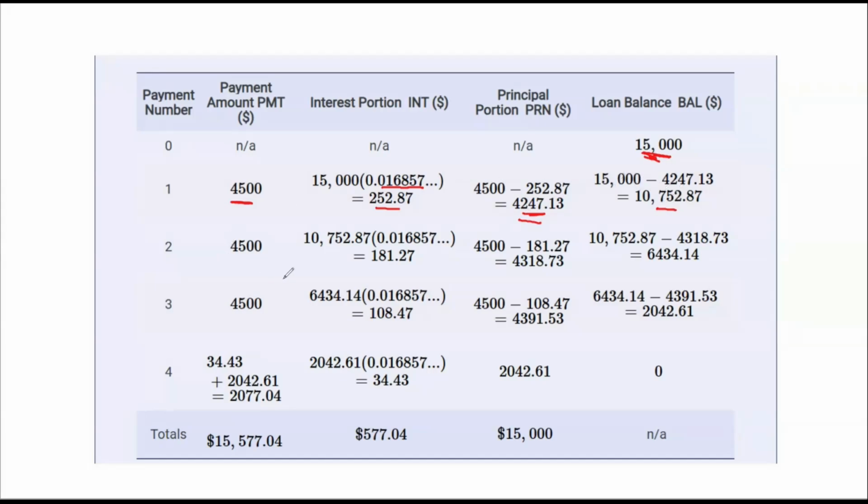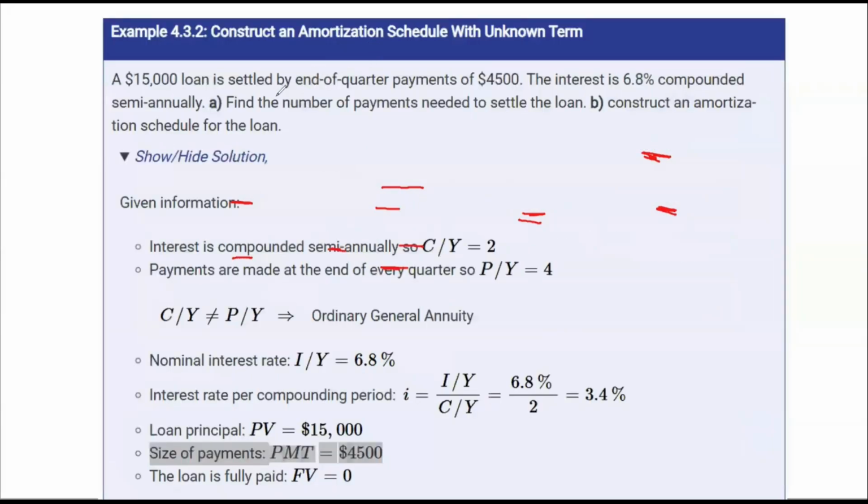And you repeat the procedure over and over. Here for the 4,500, this is your interest. It's what you owe them. That's this times your interest rate. This is your interest for that year. Sorry, it's not. Is it year? You're paying how often? Oh, you do end of quarter payment.